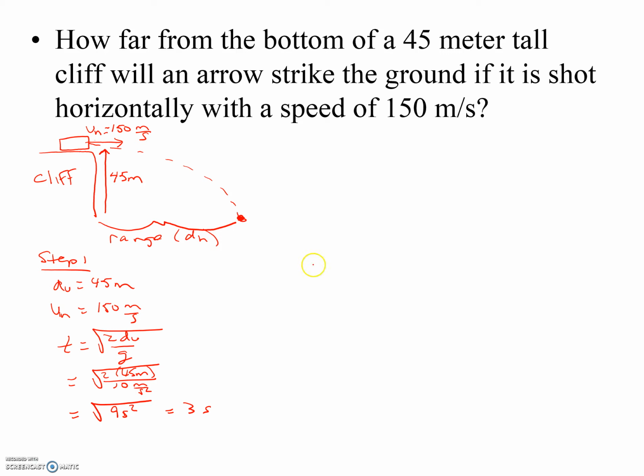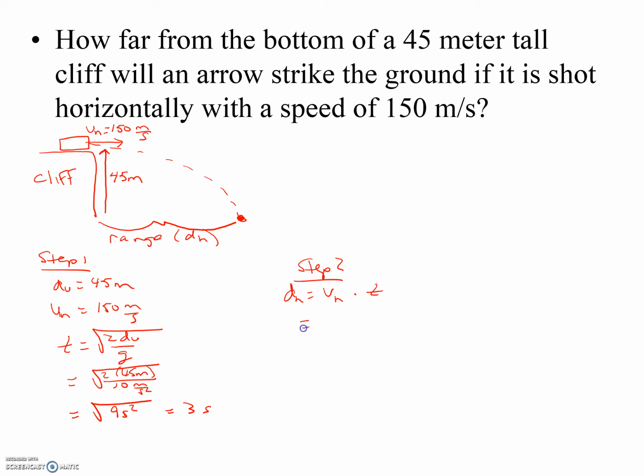Now we're going to do step 2. And in step 2, we're going to calculate the horizontal distance, or the range, of our arrow. So our horizontal distance is going to equal the horizontal velocity times the time.